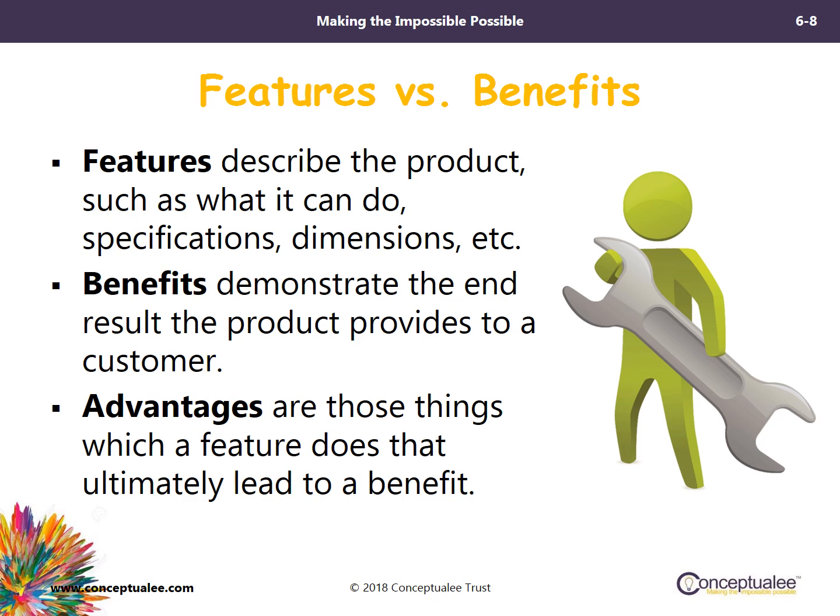Advantages are sometimes confused with benefits, so let's also look at this definition. Advantages are those things which a feature does that ultimately leads to a benefit. Advantages can be used when comparing competing products in terms of their relative ability to provide a benefit. They can also be used to help the solution producer consider different ways that the solution can be configured so that the feature of the solution can do a better job of providing a particular benefit to a customer.